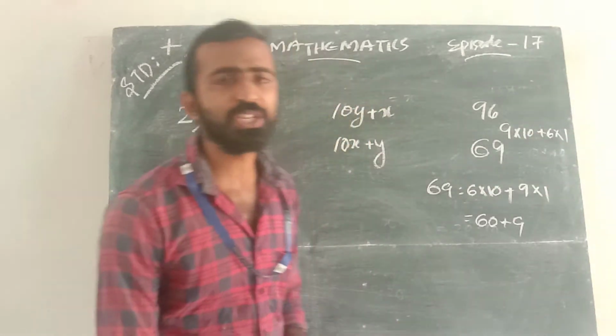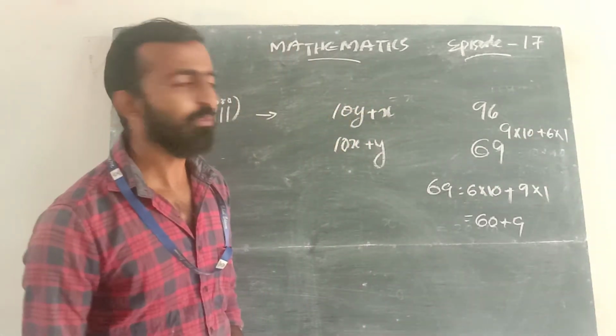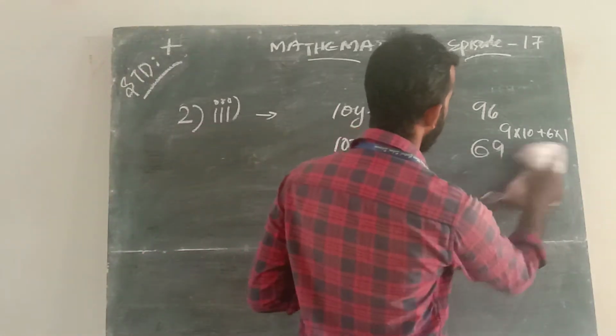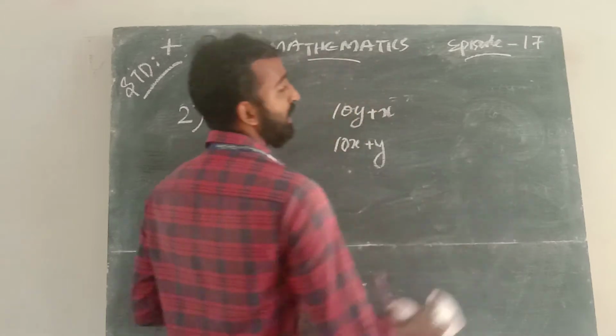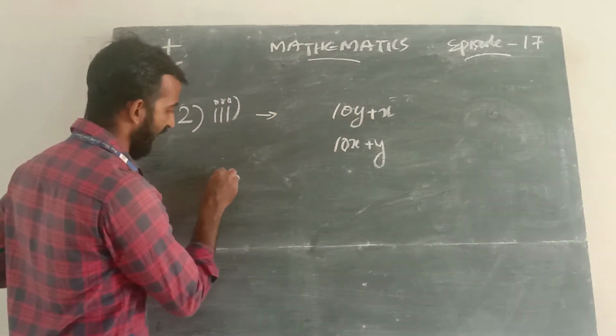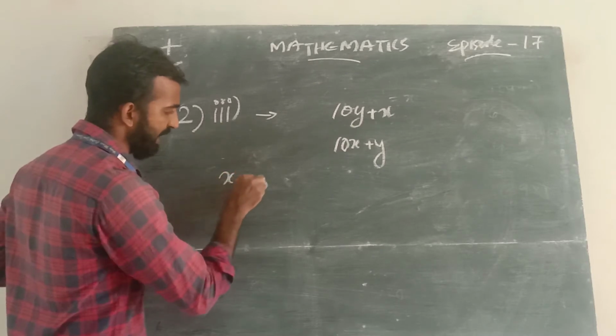What is our first condition? The sum of digits is 9, that is, x plus y equals 9.